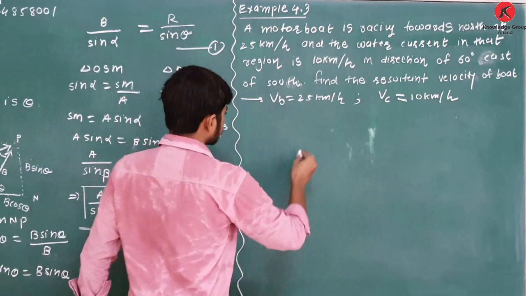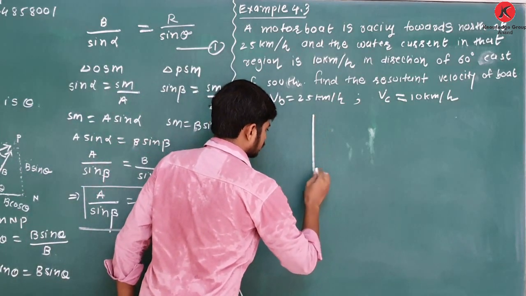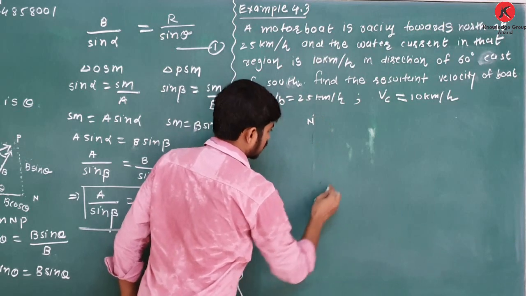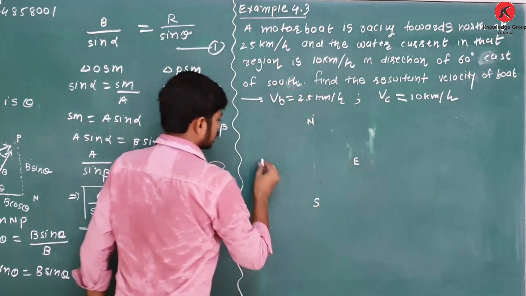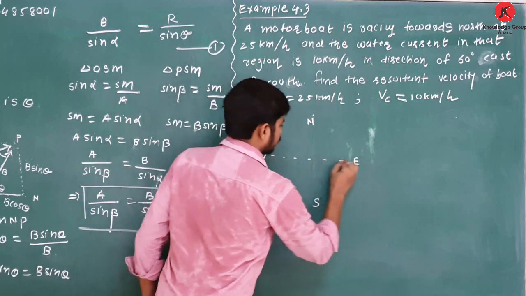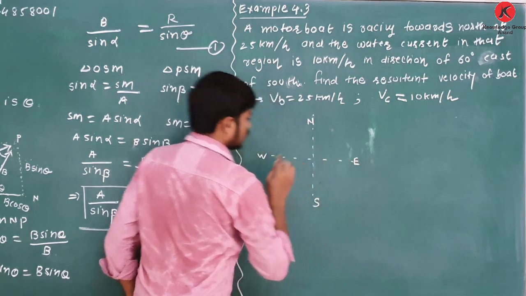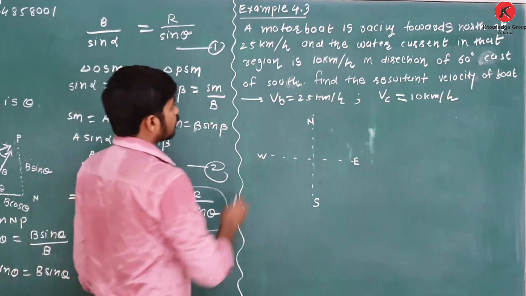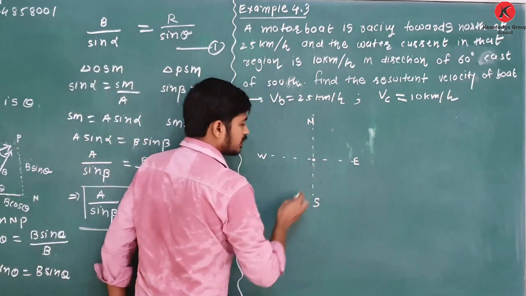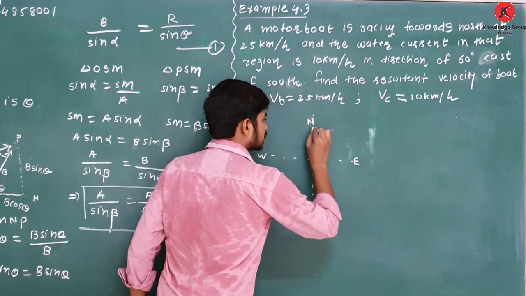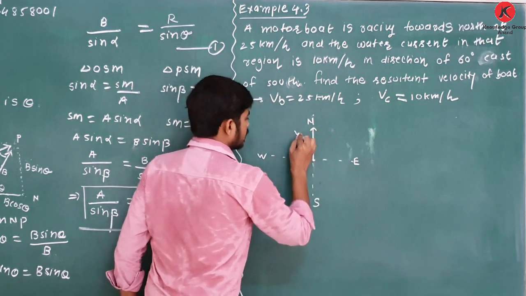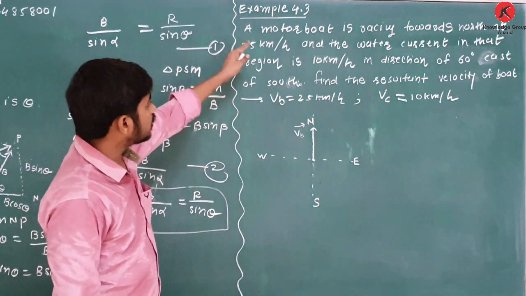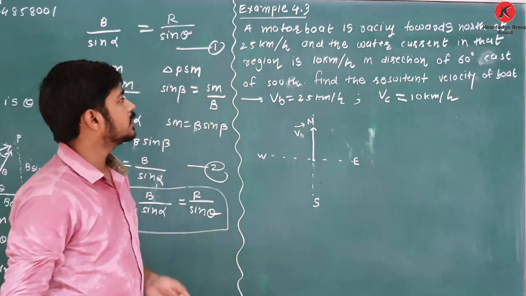See here, for example, north, south, east, and here it is west. Now a motorboat is racing towards north. So if from this origin I draw its velocity vector, then VB is in this direction. Clear about this?